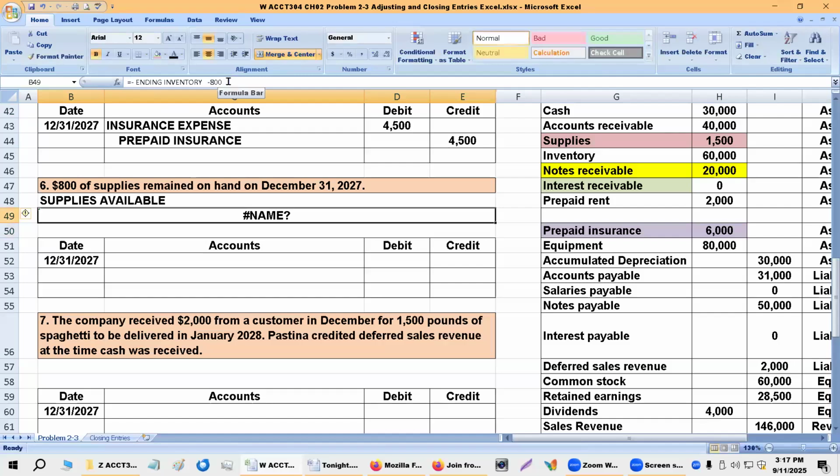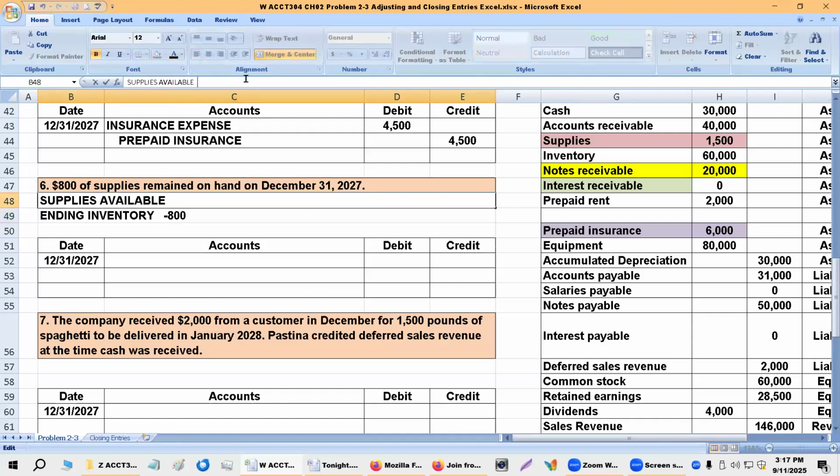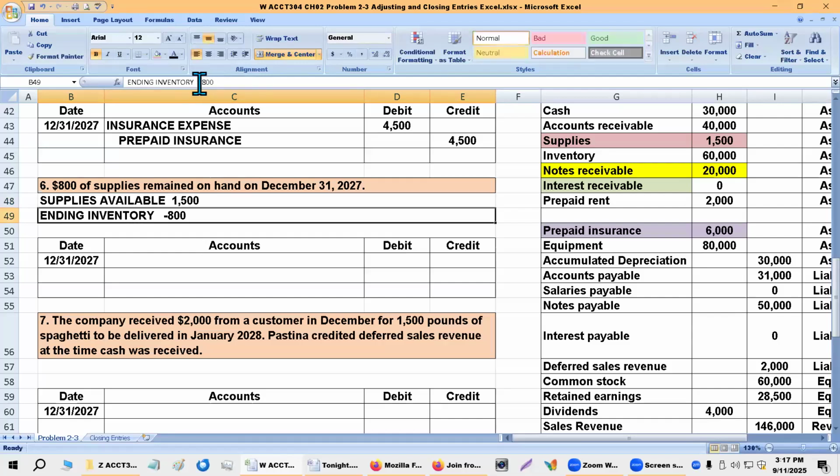The most supplies we could have used was 1,500. Ending inventory was 800.